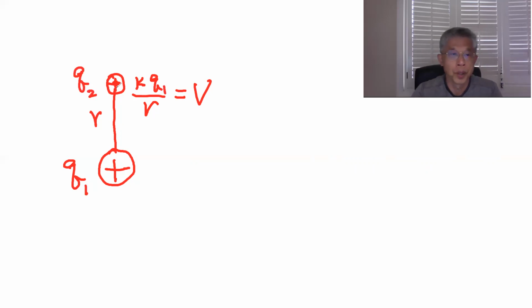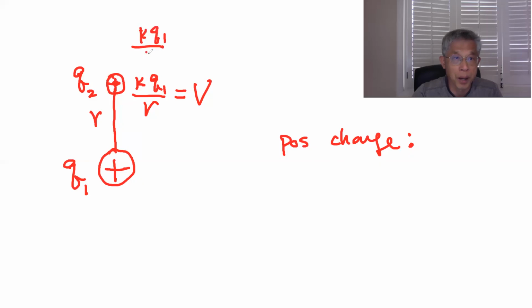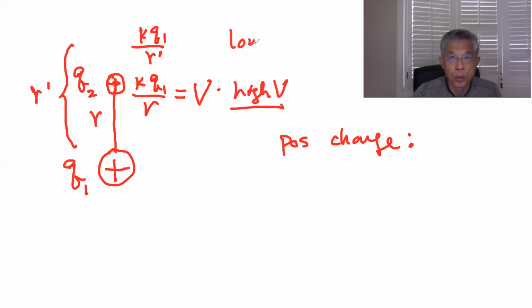What would happen? For a positive charge, the natural tendency in the field is to go from here to there. Comparing this position to that position, KQ1 divided by R prime: this is high potential, high V here, and this is low V here.